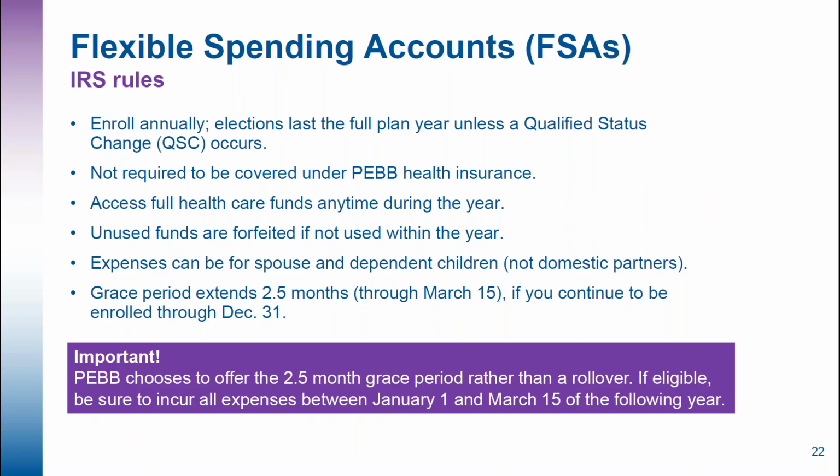But you have to continue to make your contributions throughout the plan year to cover that $2,000. Unused funds are forfeited if not used within the year, and we just kind of talked about that. Expenses can be for your spouse and your dependent children, not for domestic partners. And that's not a PEBB rule, that's an IRS rule.